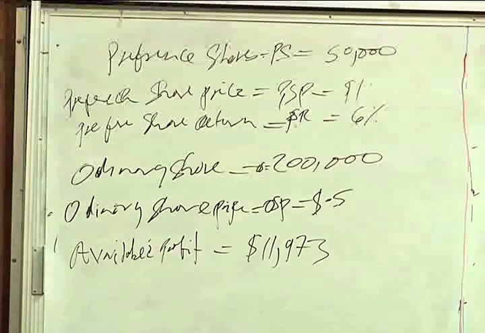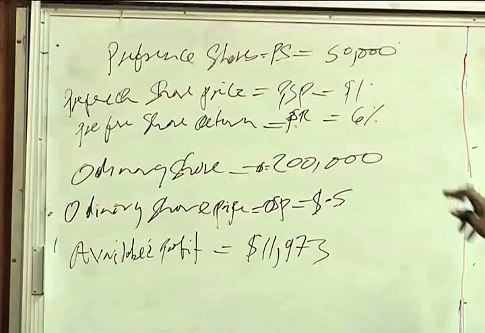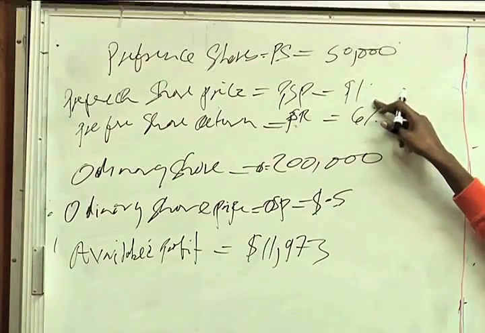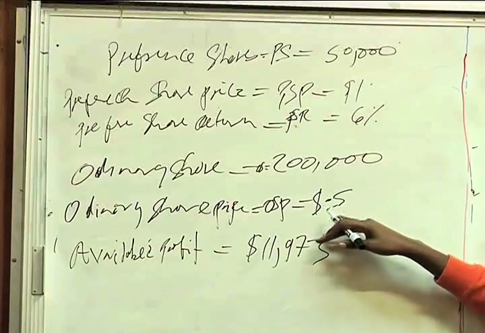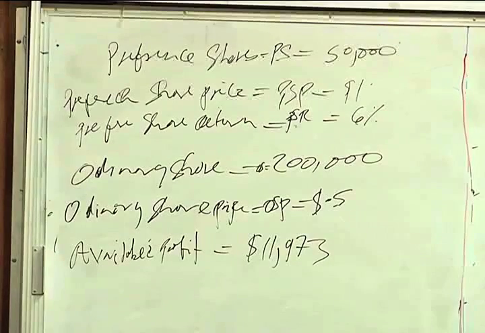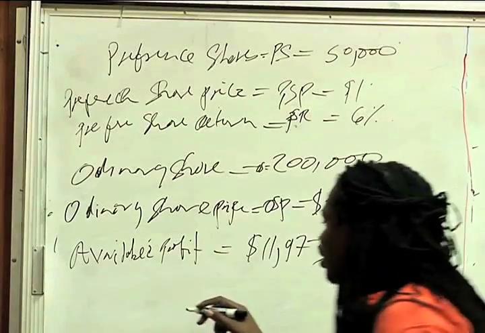He has preference to the money. That is one of the reasons why the preference share is dearer. The preference share is a dollar; how much is the ordinary share? 50 cents. So he pays more for that certainty, to get back his money.